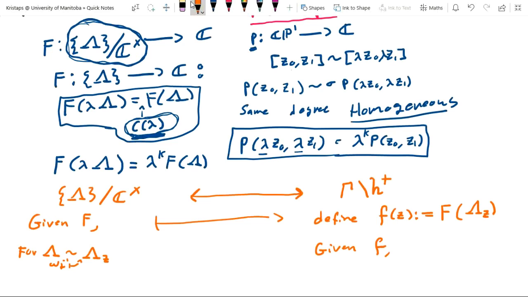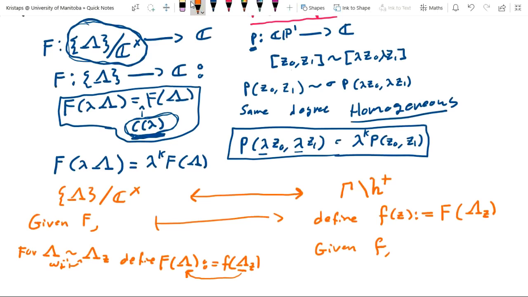And then in that case, we'll simply define capital F at the lattice lambda to be f at lambda sub z, again, where this lambda sub z is the corresponding lambda sub z to the original lattice lambda.